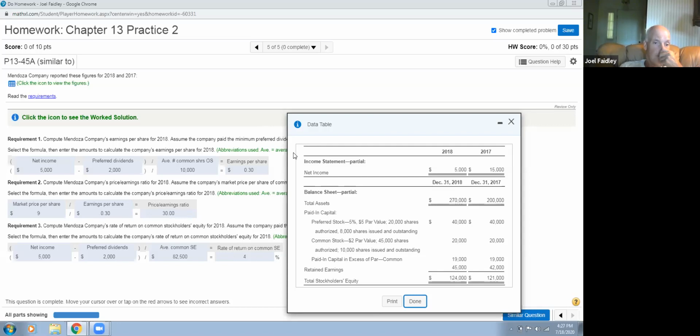All right, and number 3, return on common stockholders' equity, again, 5,000 minus the 2,000. It's the same as earnings per share divided by average common stockholders' equity. So what do we do there? All right, if you want to follow what the book's got, 120,000 minus 40,000 plus 121 minus 40 divided by 2 will give you 82,500, which says you've got a 4% return on your common shareholders' equity.